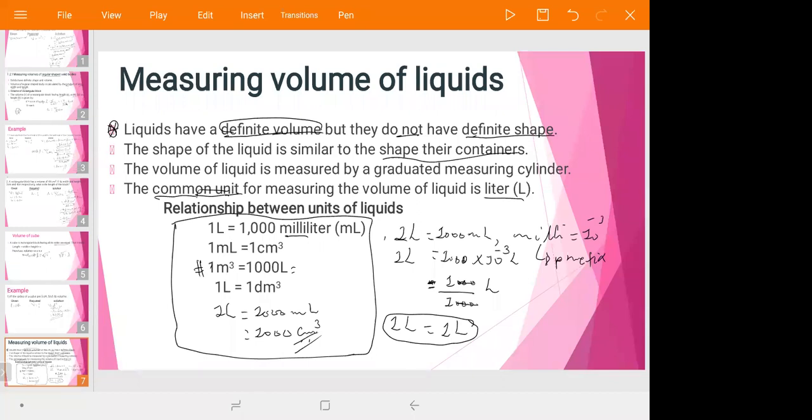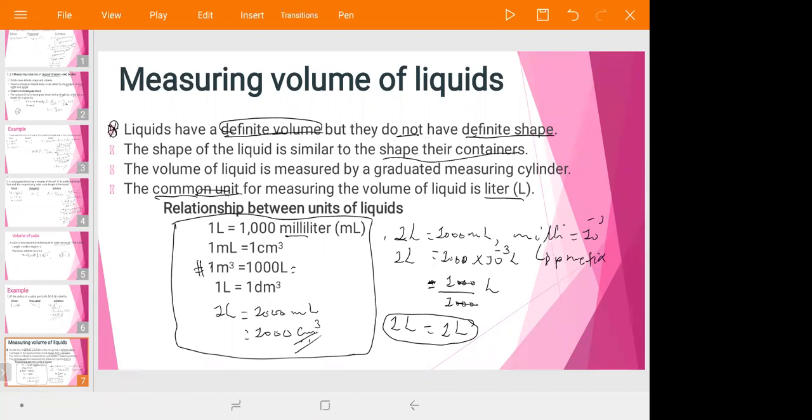The volume of a rectangular block is equal to length times width times height. The volume of a cube is equal to length cubed. So depending on this, we can calculate the volume of regular shaped bodies.